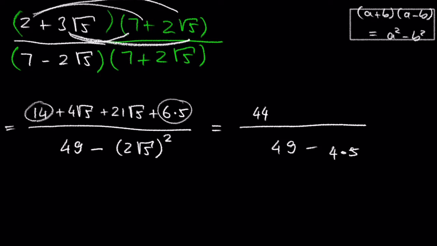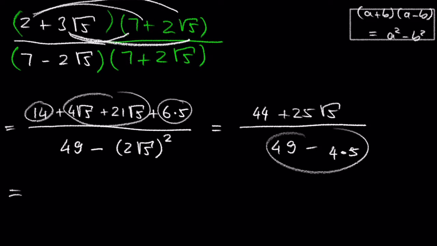And 4 times the square root of 5 plus 21 times the square root of 5 is 25 times the square root of 5. 49 minus 20 is 29. And we keep the numerator.